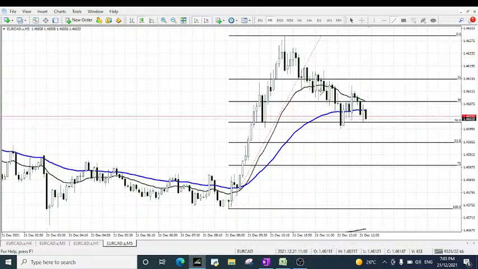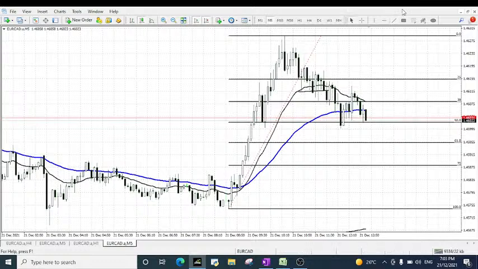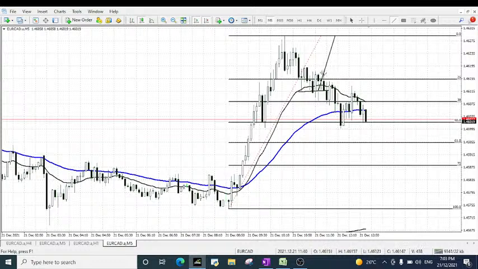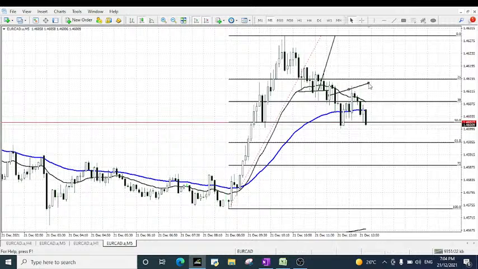Today, I got involved somewhere here, somewhere here, hoping that we're gonna hit this high. It never happened. Price kind of just ranged around. Then I think in the end, I closed the trade for maybe a 2 or 3 pips loss somewhere here. And now we continue to trend down.